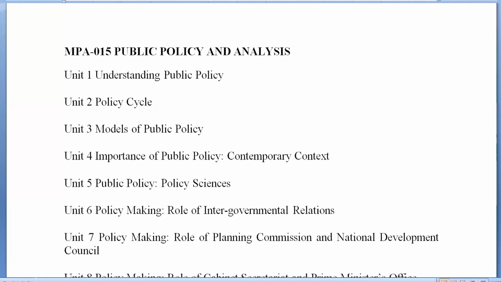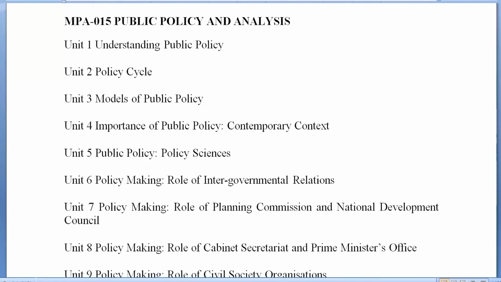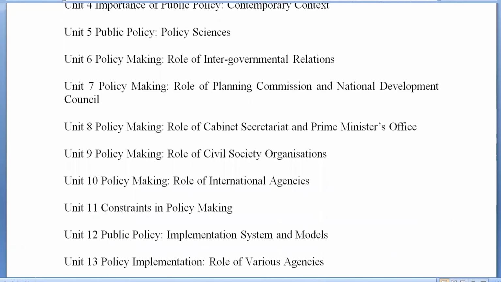Unit 4 is the importance of public policy, contemporary context. Unit 5, public policy, policy sciences. Unit 6, policy making, role of intergovernmental relations.